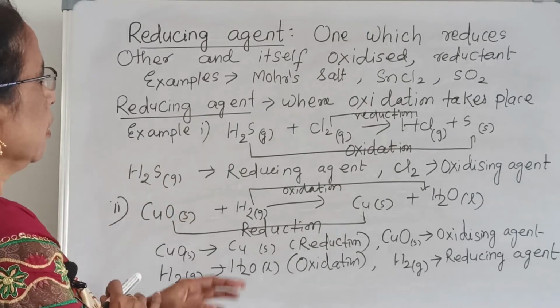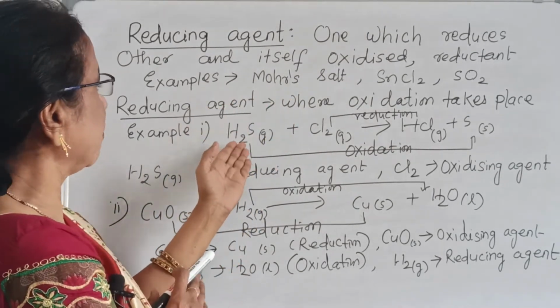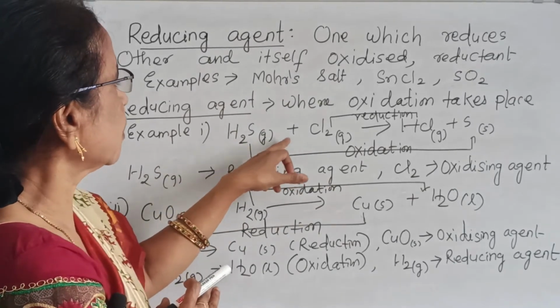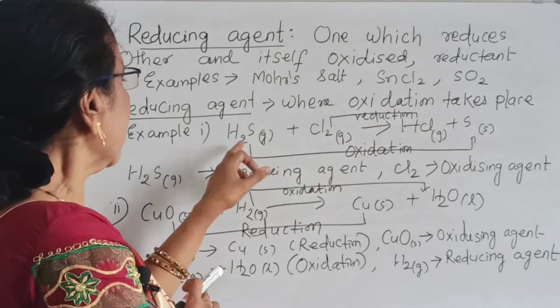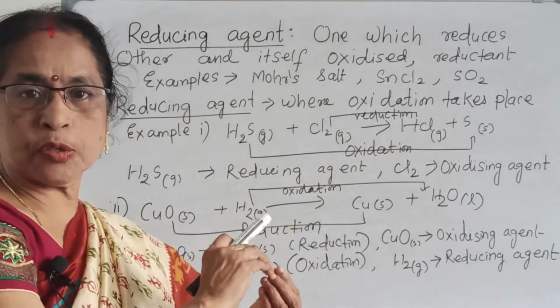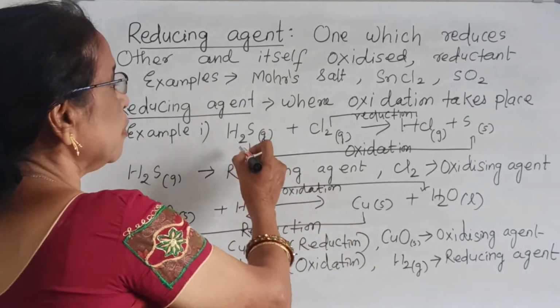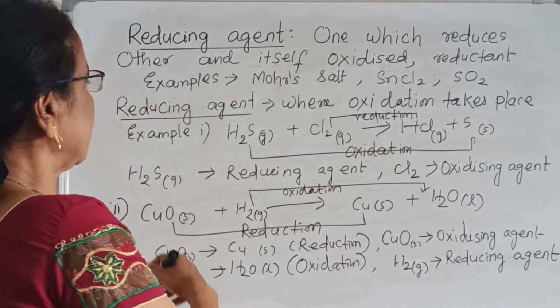Now for the example, the same one I took for the oxidizing agent, I put here: H2S gas, chlorine gas, HCl gas, and solid sulfur. You observe here H2S changes to S, which means removal of hydrogen. Removal of hydrogen means oxidation takes place.